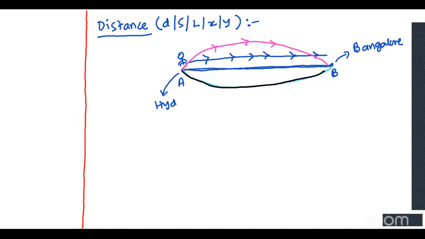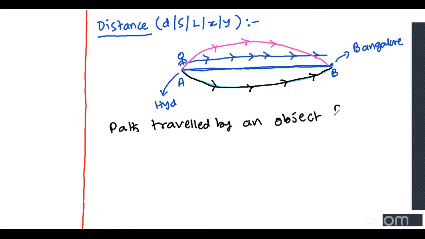So, in which path he is moving is what is important. Distance is defined as the path traveled by an object from initial position to final position.